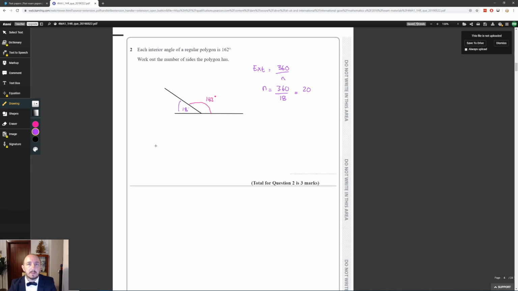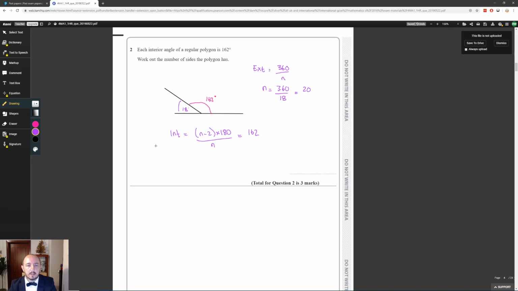Alternatively, you can use the formula for the interior angles. So the interior angle is (n minus 2) times 180 divided by n, and that gives us 162.